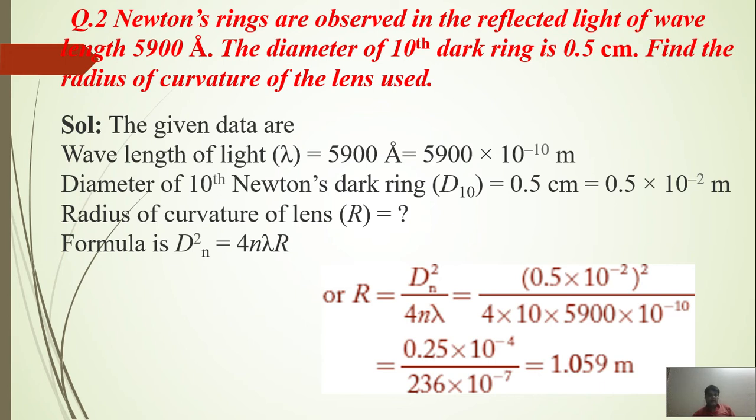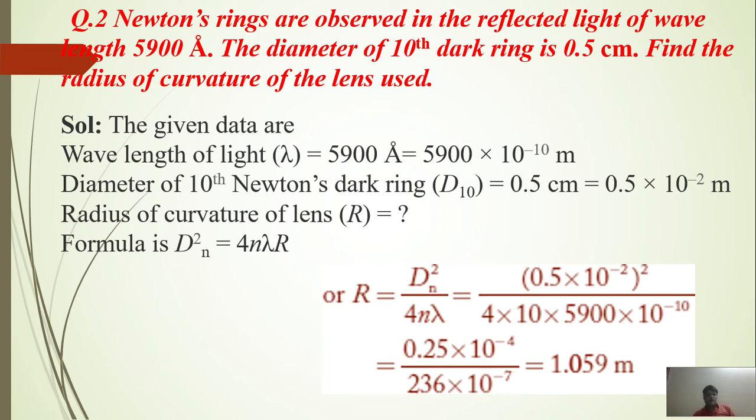The given data: wavelength of the light is 5900 Angstrom. 1 Angstrom is equal to 10 to the power minus 10 meter, so 5900 into 10 to the power minus 10 meter. Diameter of the 10th ring D10 is 0.5 cm, converted to meter by dividing by 100, so 0.5 into 10 to the power minus 2 meter.